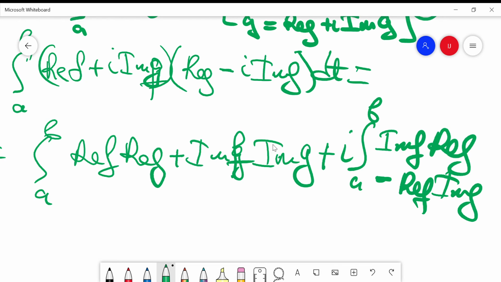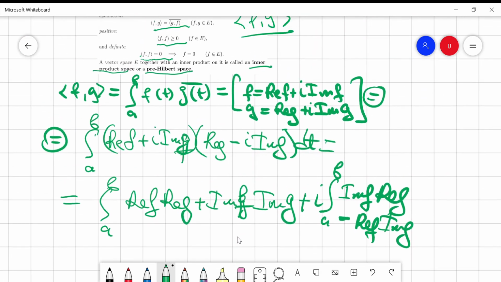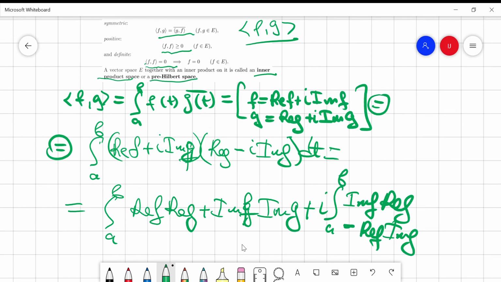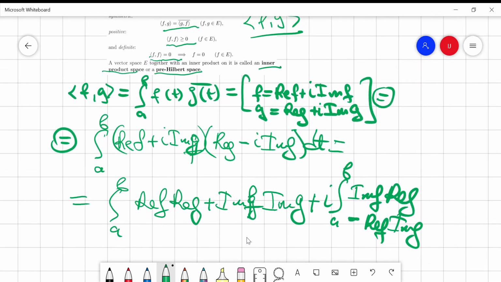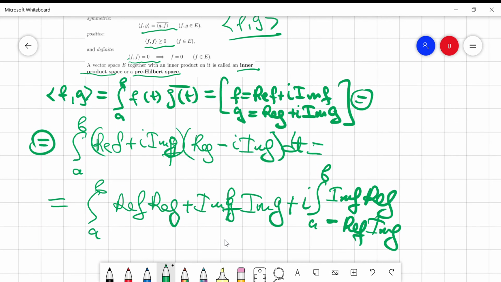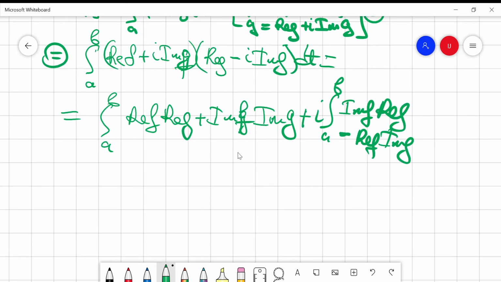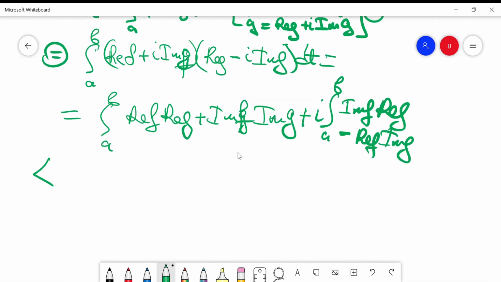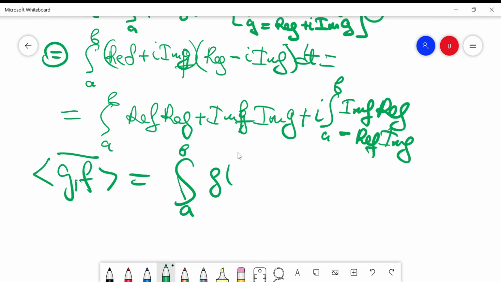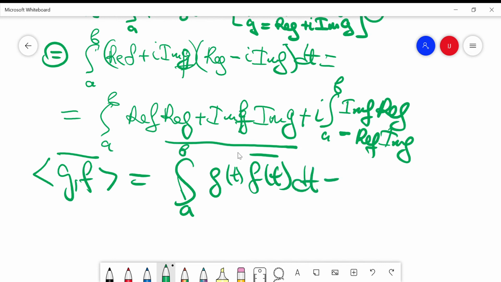Now let's keep this in mind. Now let's look at the second part of the right hand side of the equation, which is this. Now we have this whole conjugate, then we have this.